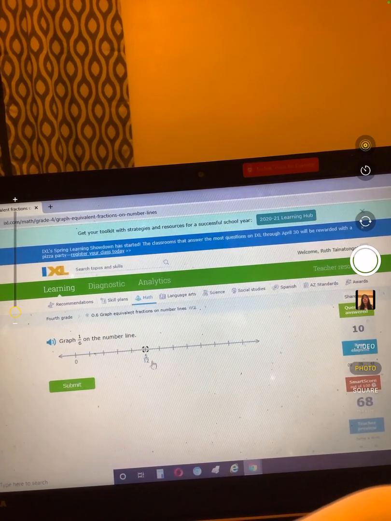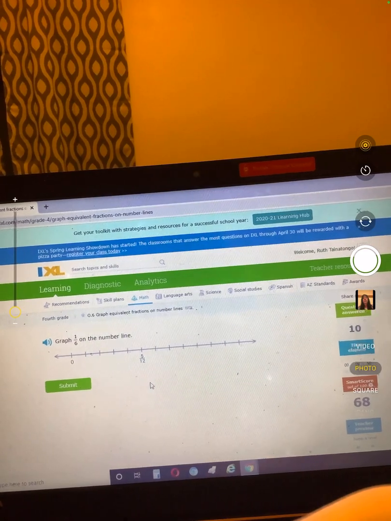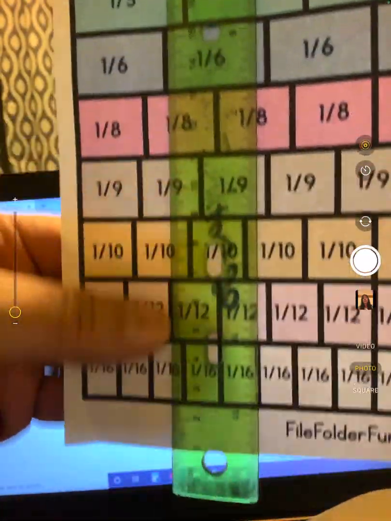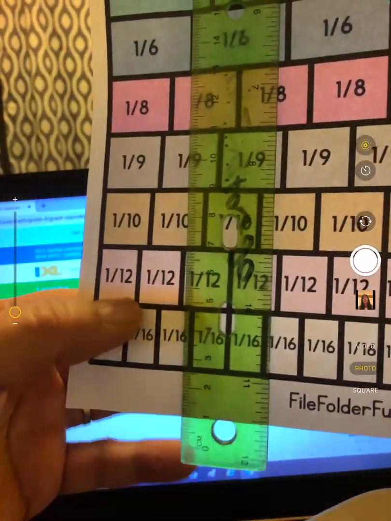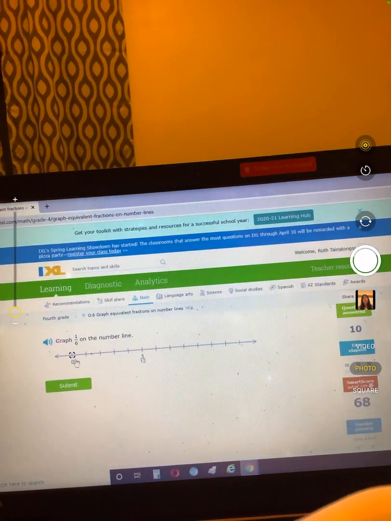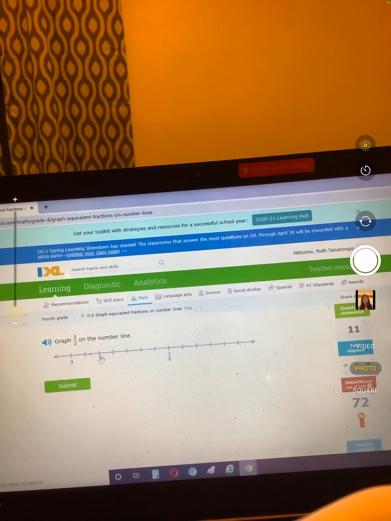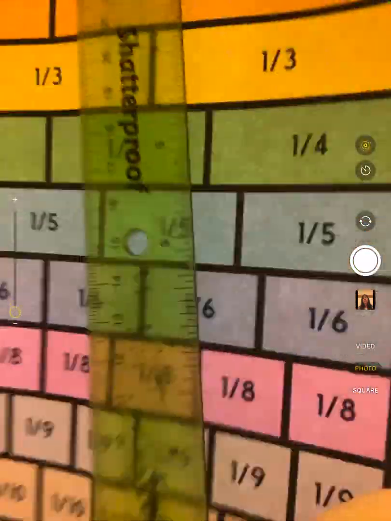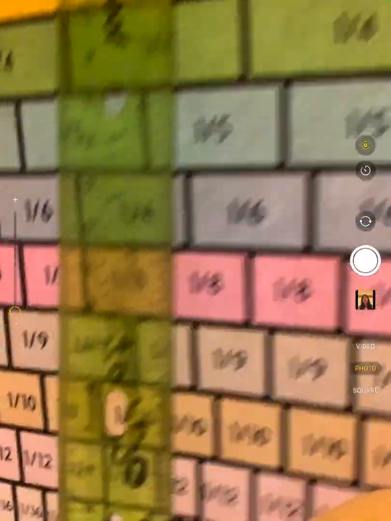This is 12ths. So if I take my ruler and mark 1/6, there's 1/6, it equals 2/12. So I go over the number line 1, 2 12ths. Just like that, okay? Sixths again, and they want me to mark 1/2.